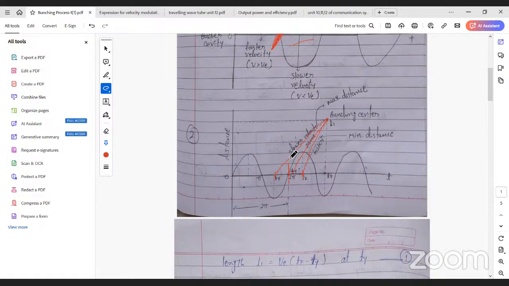As the line is longer across Tx, the velocity is slower. Just observe the line. Here, neutral. Next here, space is less, minimum distance. This is maximum distance.